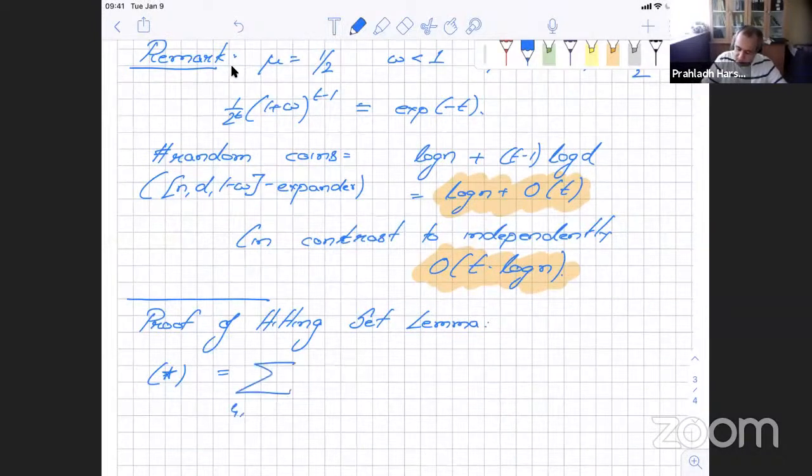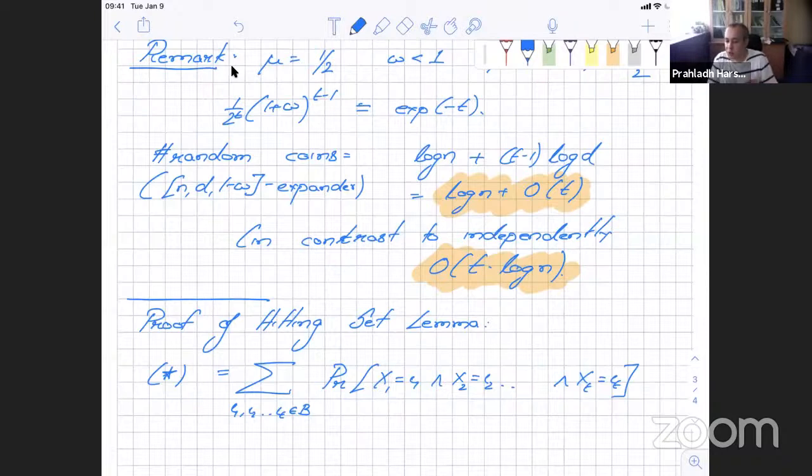These are the t steps. It's the probability that x1 is i1 and x2 is i2 and xt is it. So go over all possible t vertices in B and ask what is the probability that you see this particular sequence of vertices in the random walk. This is exactly what star is.